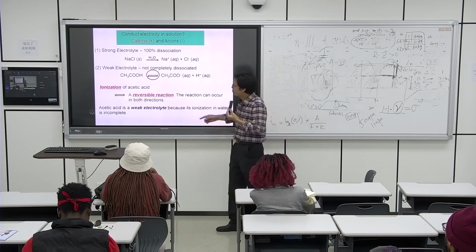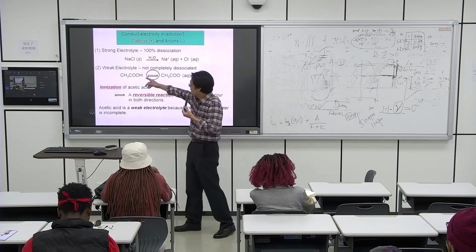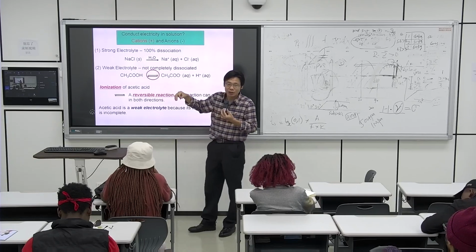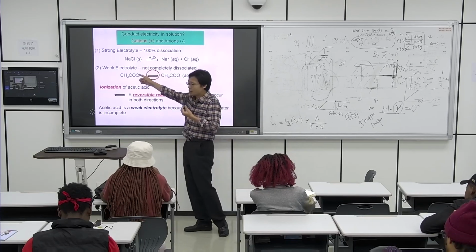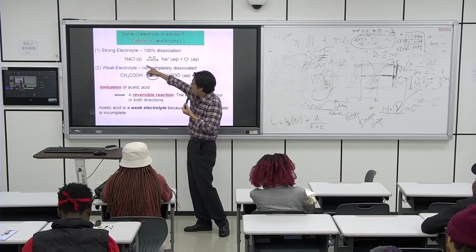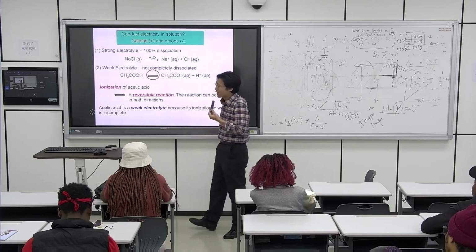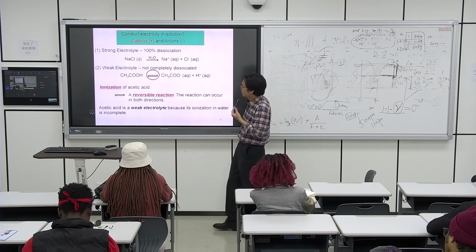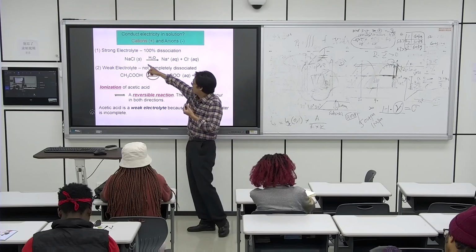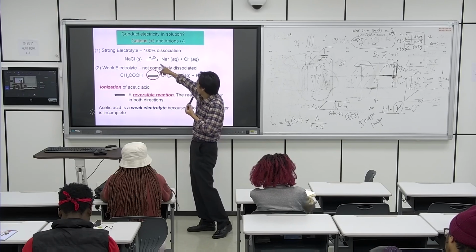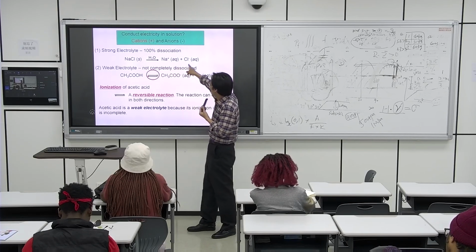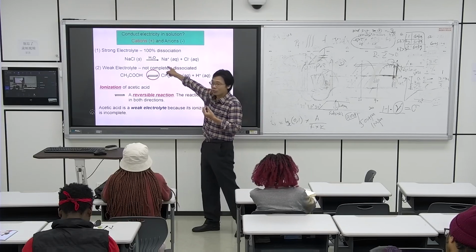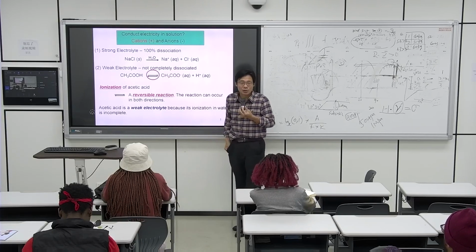For example, if we dissolve sodium chloride into water, this sodium chloride solution is a strong electrolyte, because the sodium chloride becomes sodium cation and chloride anion, and we know these can transfer electrons.